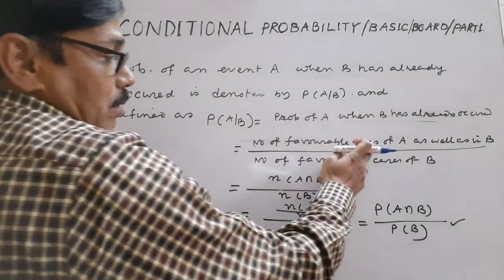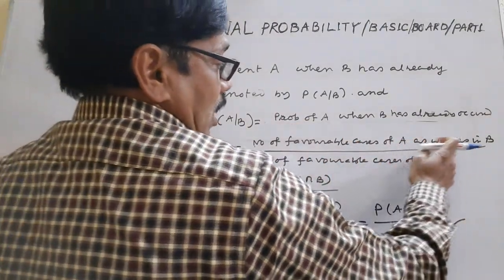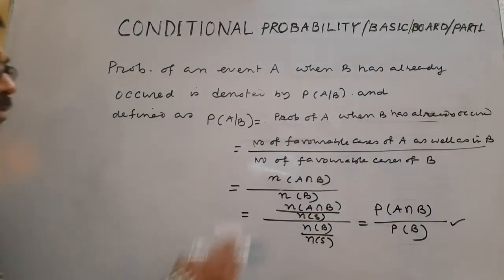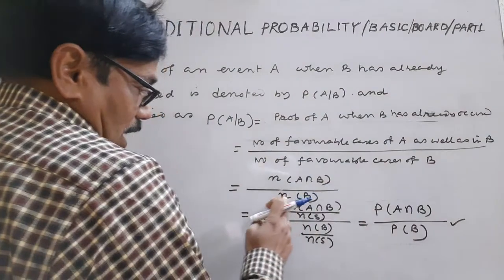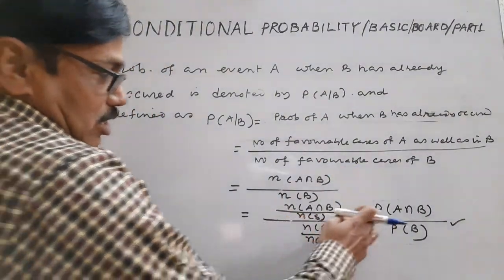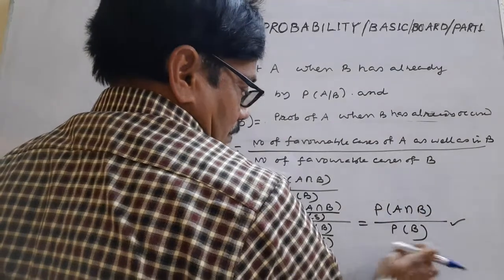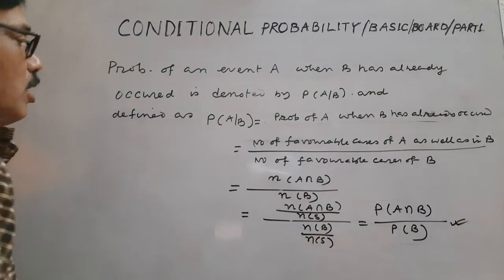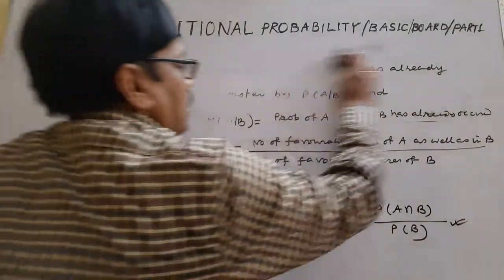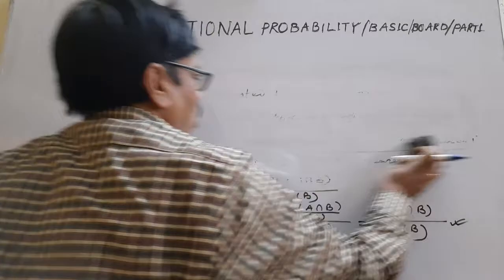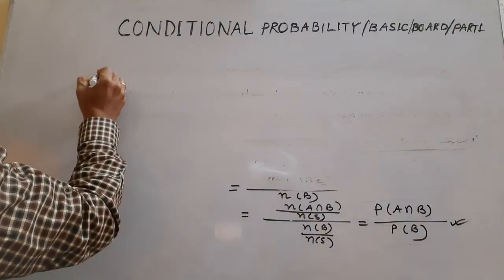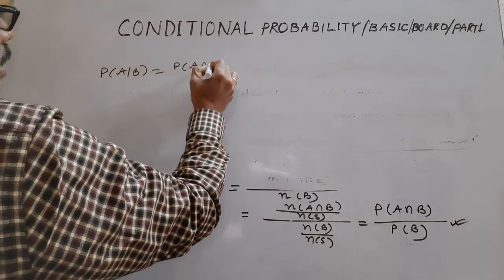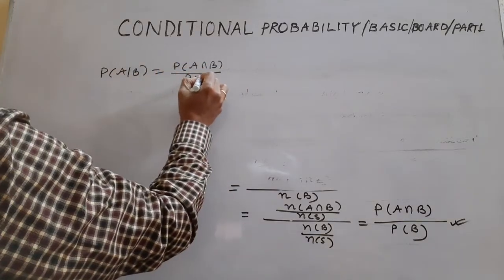So, number of favorable cases of A as well as B by number of favorable cases of B, dividing by n(S), this is P(A intersection B) by P(B). So, this is our basic concept. You have to recall this formula: P(A/B) equals P(A intersection B) by P(B).